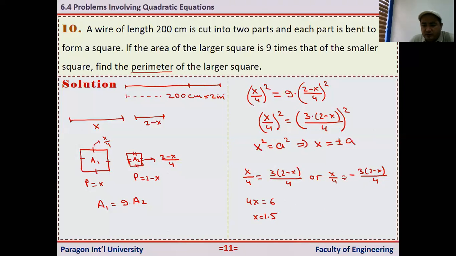And how about if you solve this, 4 cancels each other, x equals minus 6 plus 3x, take to the left-hand side, minus 2x equals minus 6, x equals 3, right?